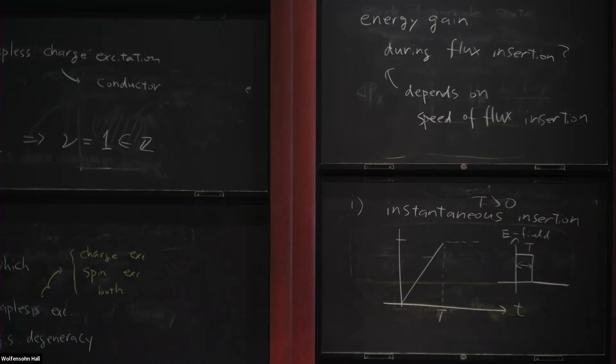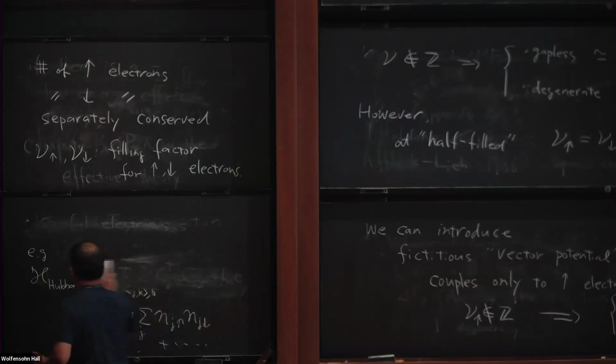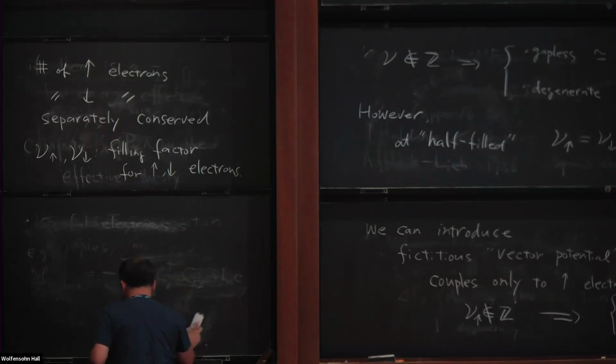So up to time 0, you had 0 vector potential. But after T equals 0, you suddenly switch on the vector potential. So it's a special case of quantum quench.